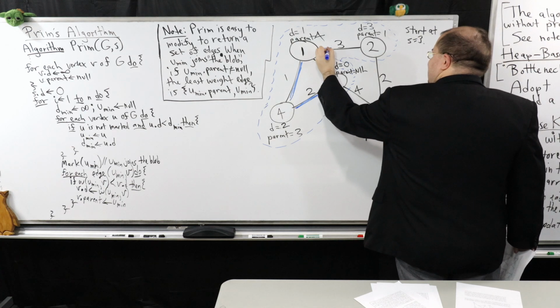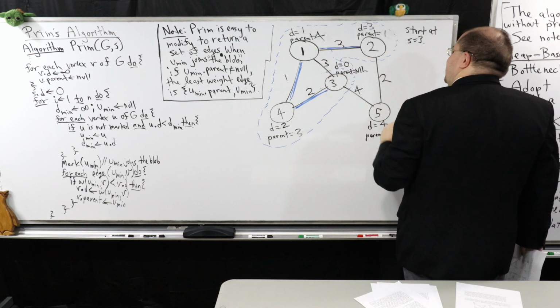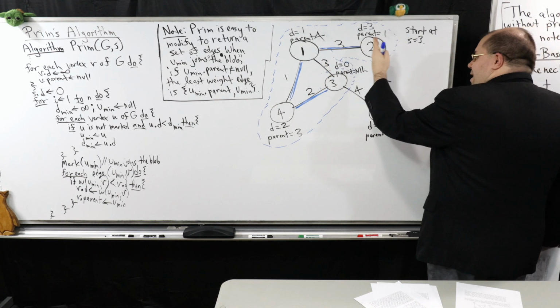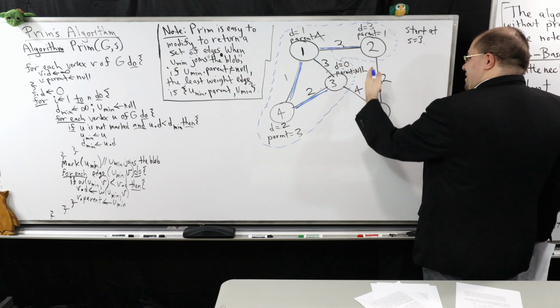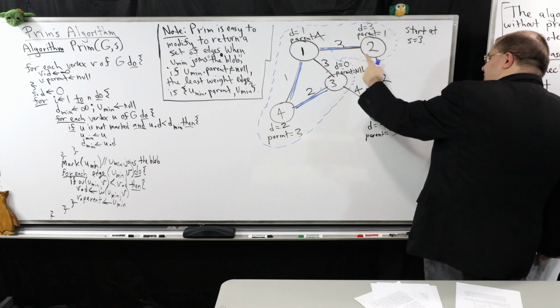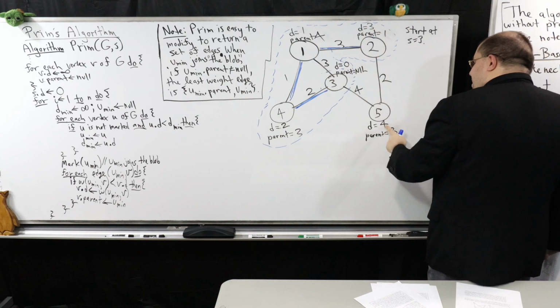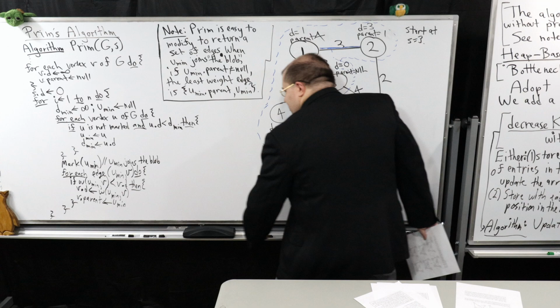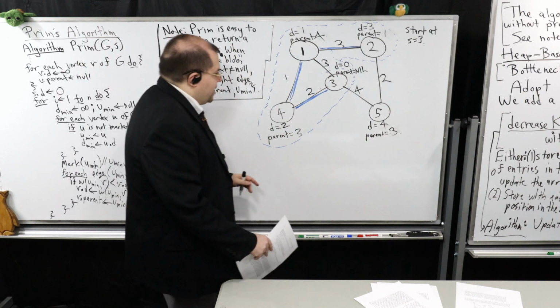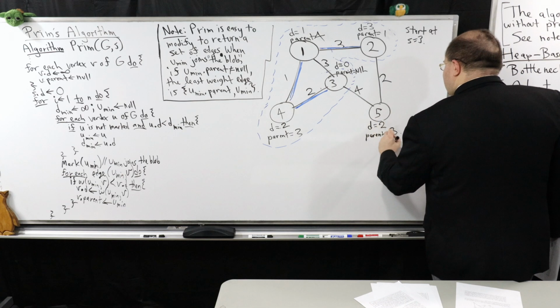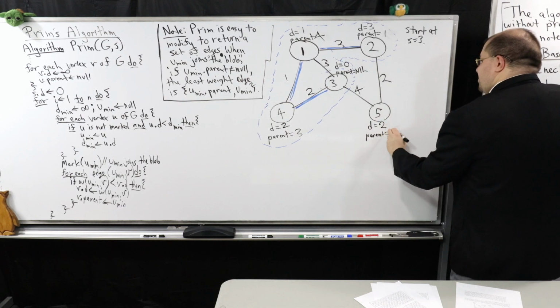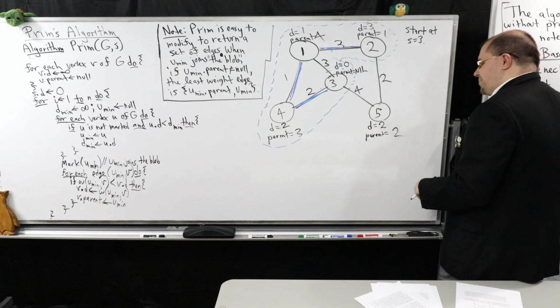And this would be the least weight edge I select, because its parent is 1. And naturally, I check all my incident edges, and notice that I have a 2 here that's better than the 4. So I'm going to update its parent and the D value. So I pick 2, and its parent is 2.